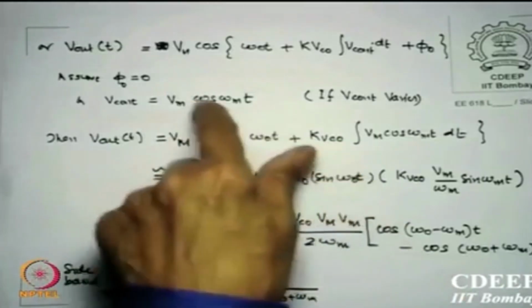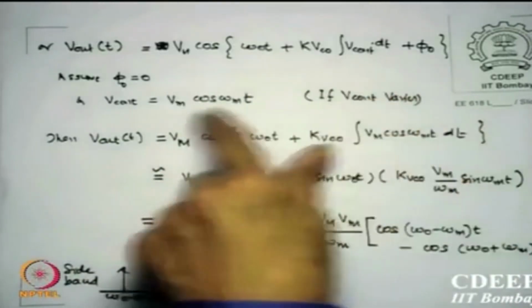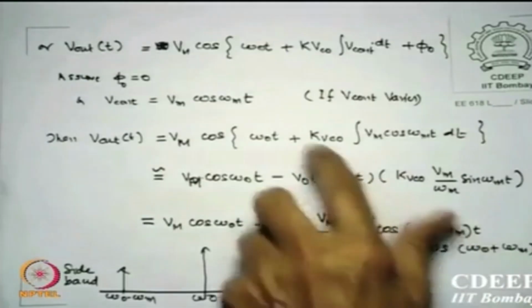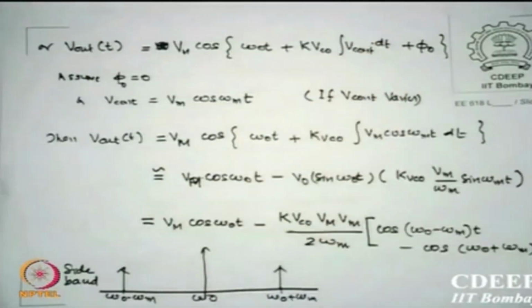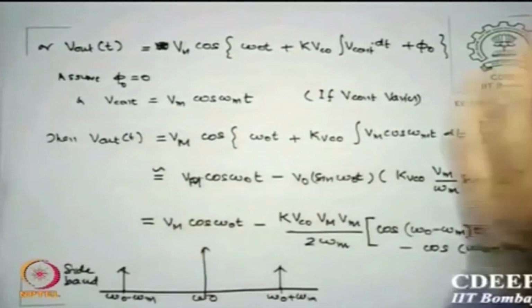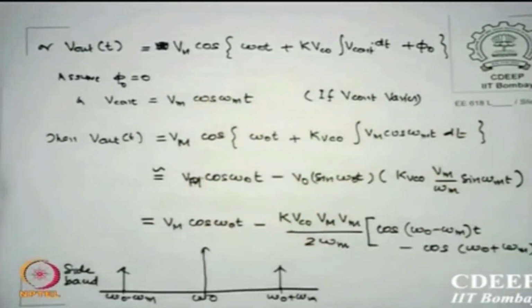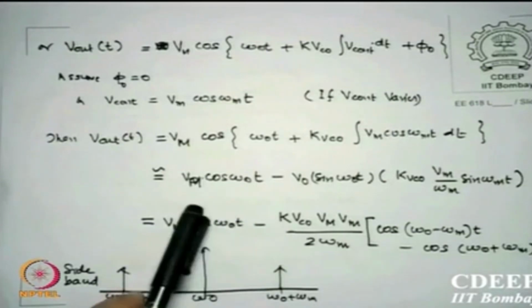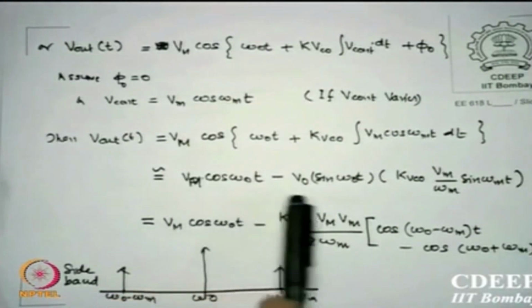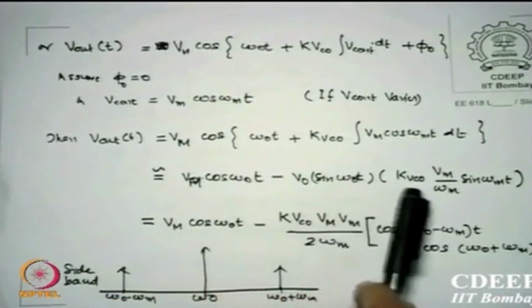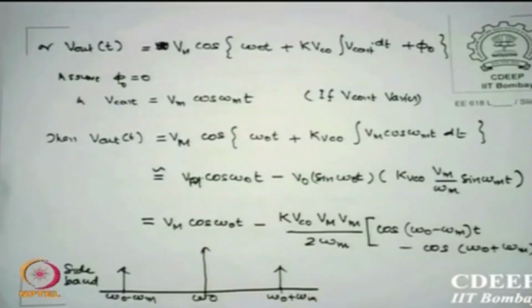Now if that happens, I substitute for V control Vm cos omega m t in the integral, expand it, integrate and expand it, and leave out some terms which are smaller. So I get V capital M cos of omega 0 t plus V0 sin omega m t, K VCO Vm. You can expand and get this kind of expression. Just put this integral here, expand, neglect the small terms, and you get this.